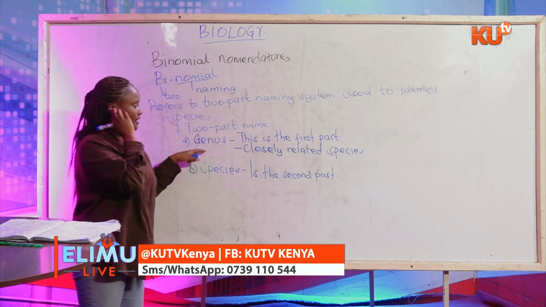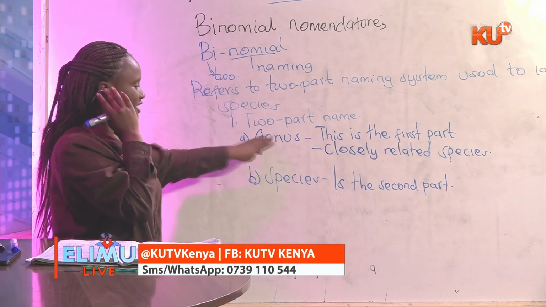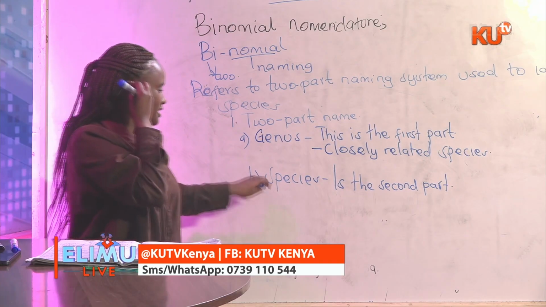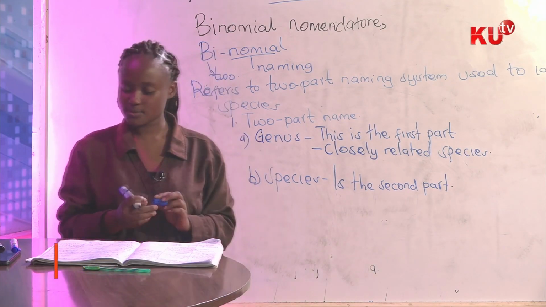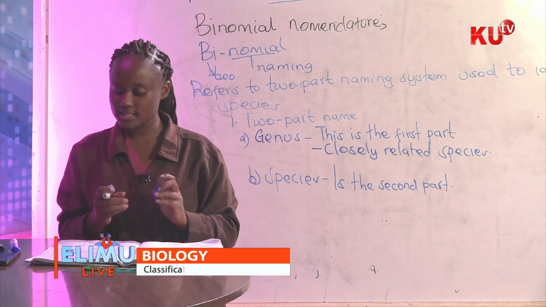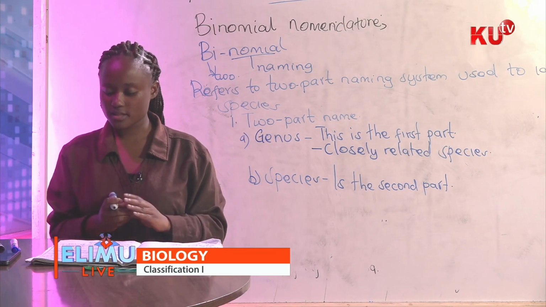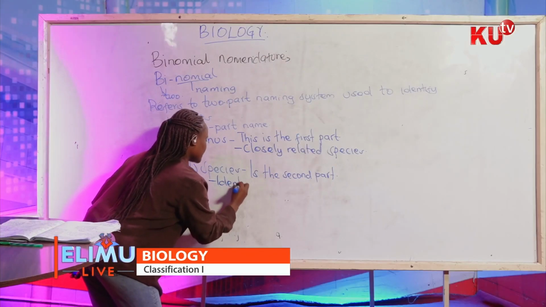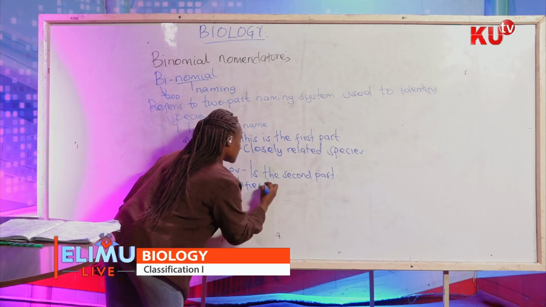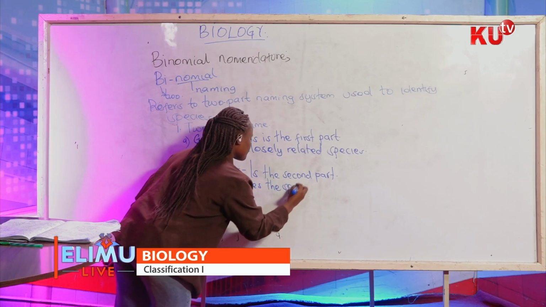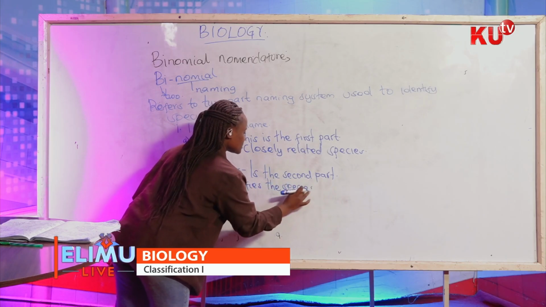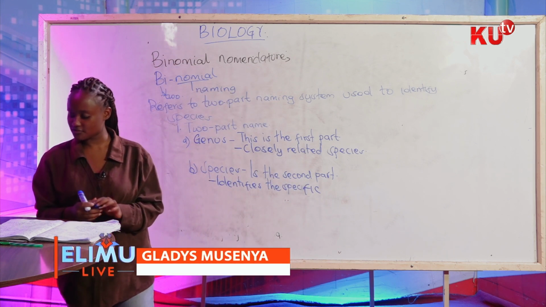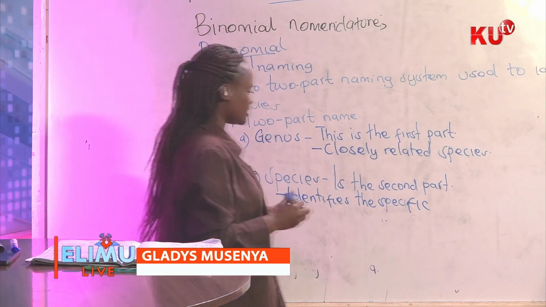So when you're writing the name, we have the first part, that is the genus, and then we have the second part, which is the species. The species identifies the specific species within the genus.